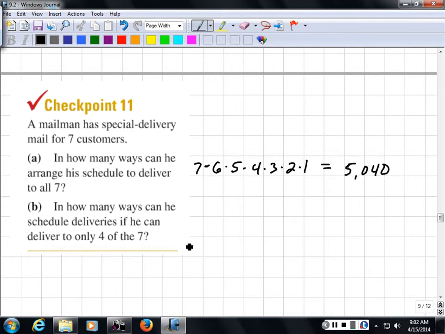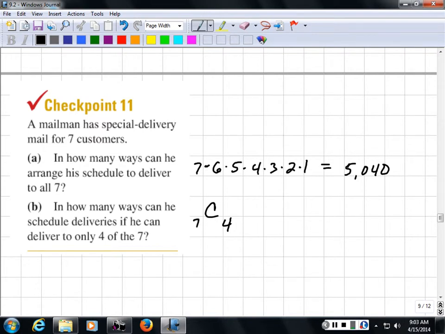Okay. What about if he can only deliver to 4 of the 7? You think it's a permutation? That means it's 7 something 4, right? Is it a permutation or is it a combination?